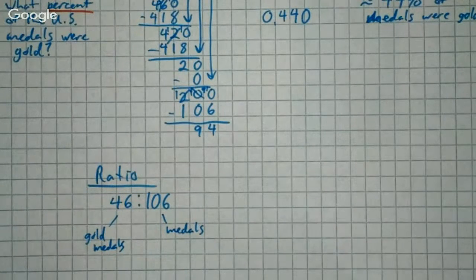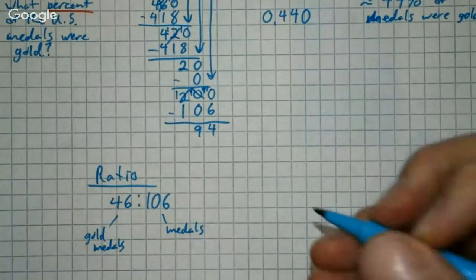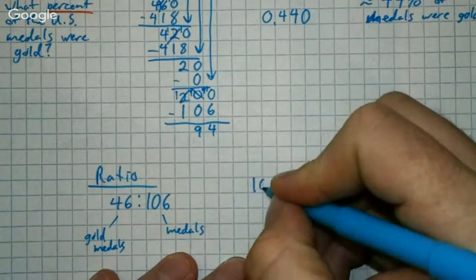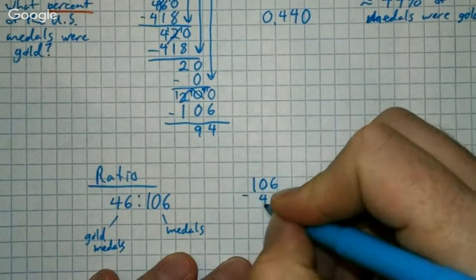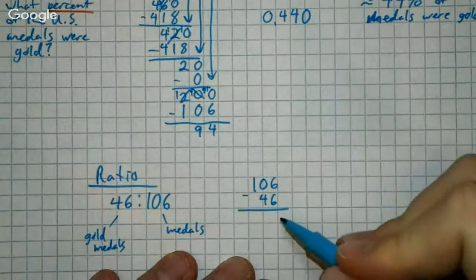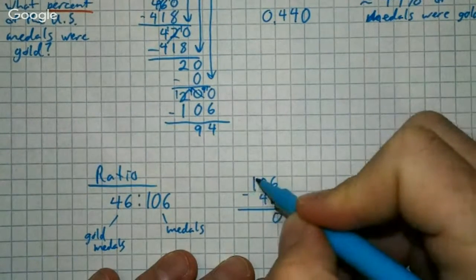Now, you can also find other types of ratios with this information. If we have 46 gold medals and we want to write the relationship of gold medals to other medals, not total medals, we would just have to do some simple subtraction. 106 minus 46, get the gold medals out of our total medal count.